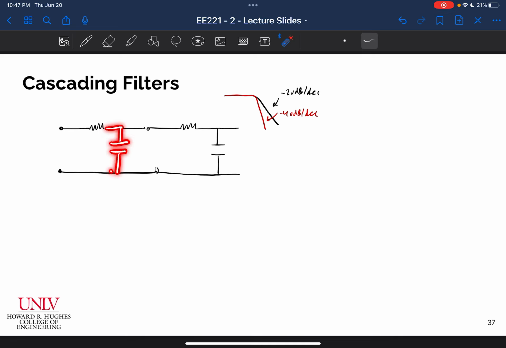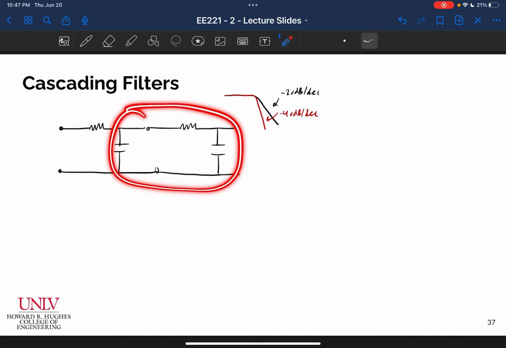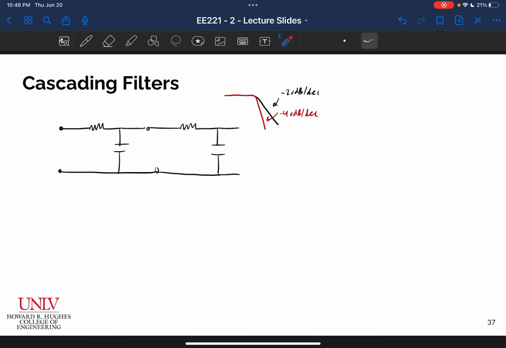If I just have my capacitor here, then it knows that the impedance is 1 over j omega C. But if I add these other components, it just sees this giant block of components and treats it as a single impedance. And so no longer do I just have the typical RC, I have something else. So cascading passive filters doesn't work super great.